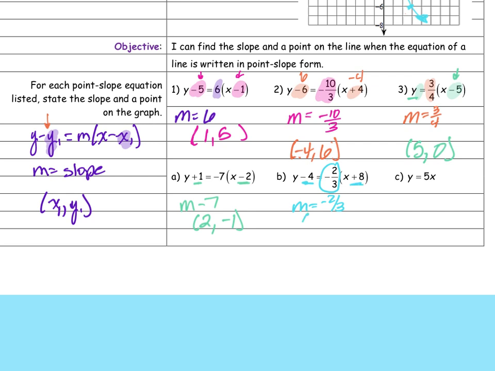Positive 8 becomes negative 8, and negative 4 becomes positive 4. And then here's my slope, and I'm not adding or subtracting anything from my x or y, so that would be 0, 0. Okay, questions? Questions on the last one especially. Is everyone okay with that?